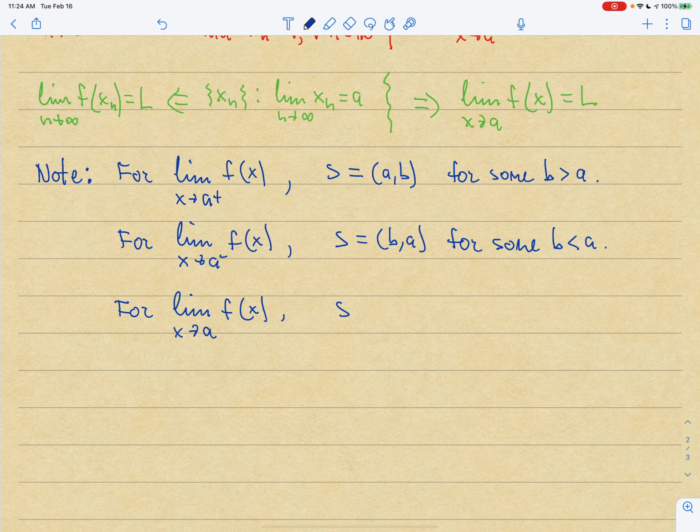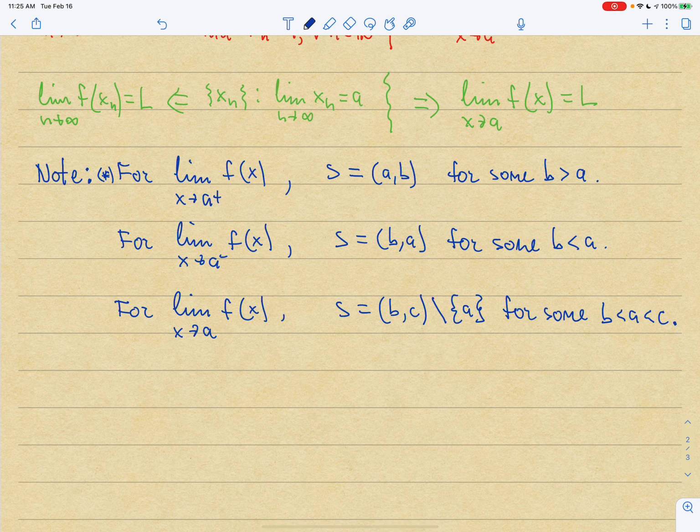So S is going to be the interval (B, C) minus the point A, for some B less than A less than C. So I take an interval from B to C, I puncture it where A is, and then I can select my sequence from all points in this punctured interval from B to C.